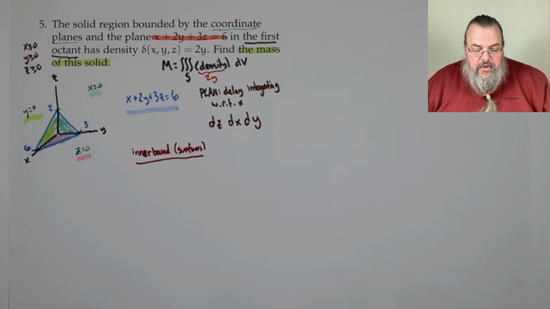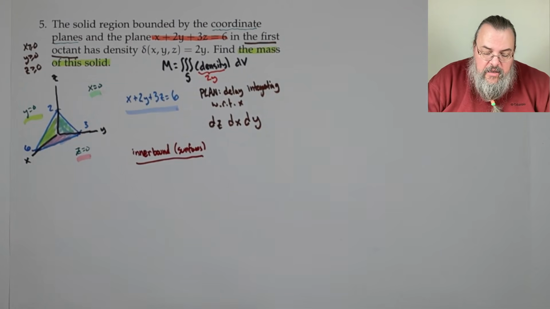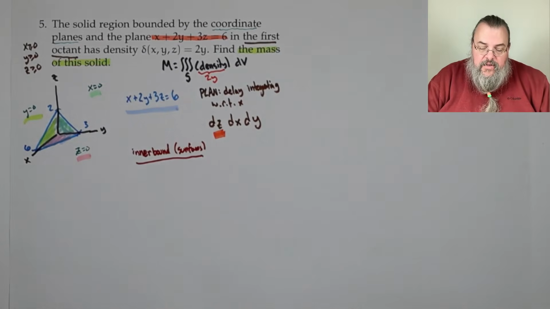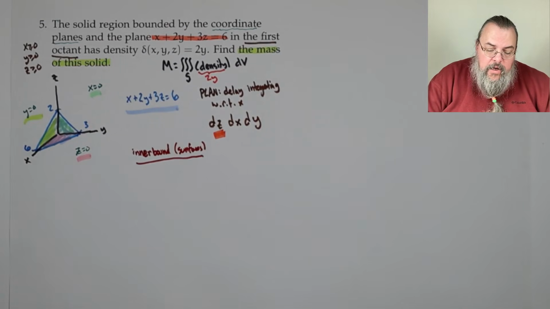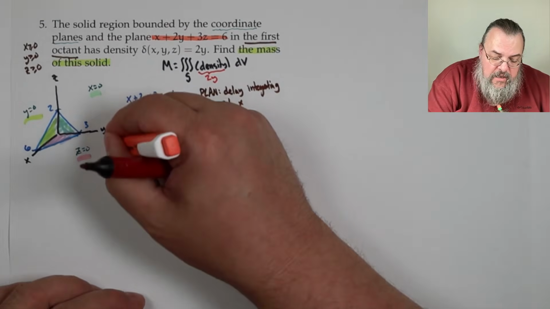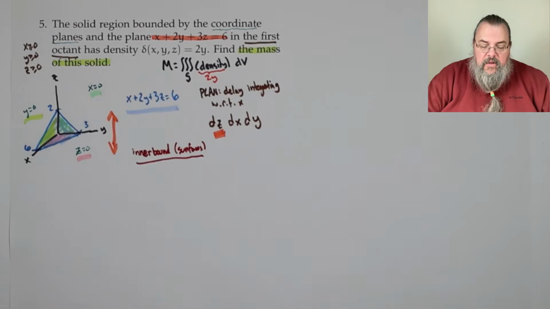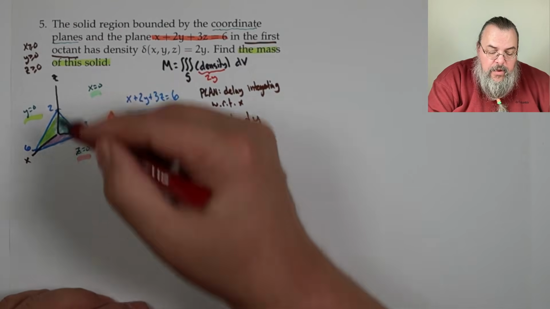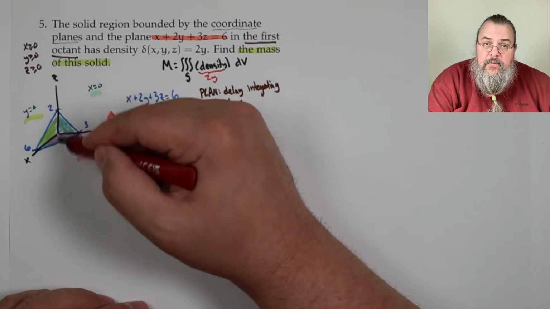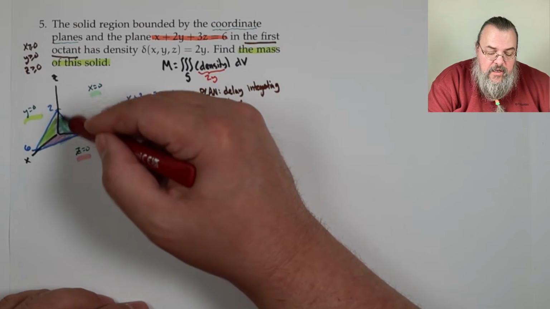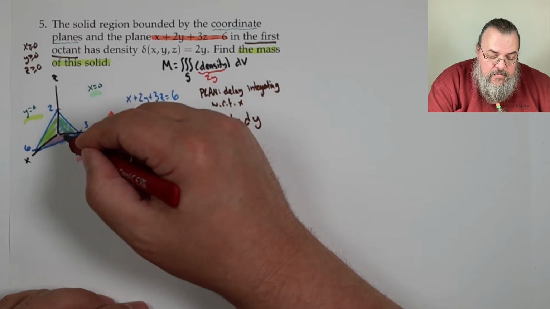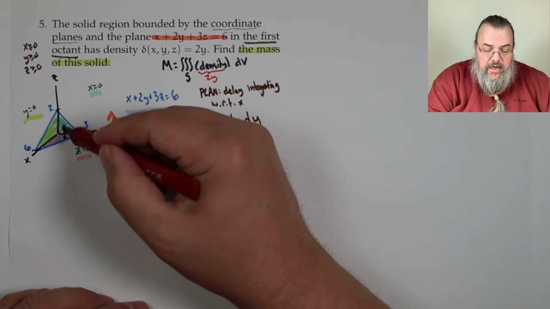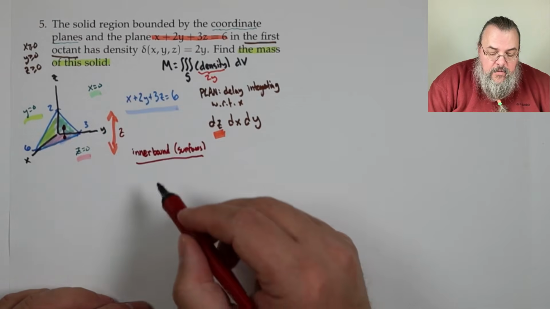In particular, z is our inner part, which means we are moving in the z direction. So we imagine moving up and down in the z direction. Where's the bottom, and where's the top?